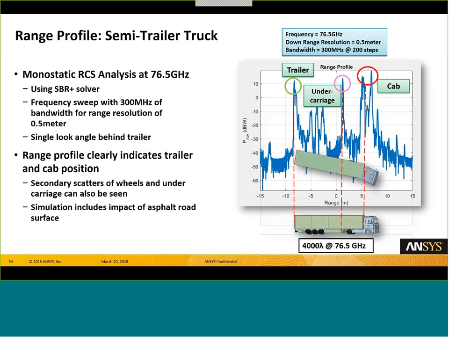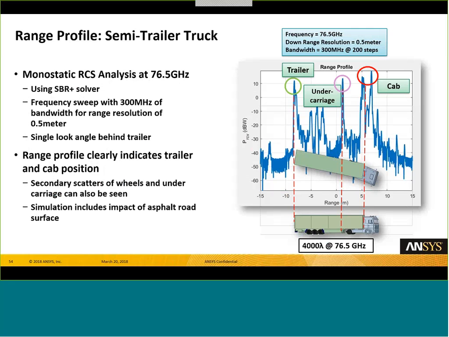So here's another practical example of a really large, physically large target that's illuminated by an automotive radar system. At 77 gigahertz, this target is 4,000 wavelengths long, so it's really large. The scene actually includes the interaction with the asphalt road surface in this case.